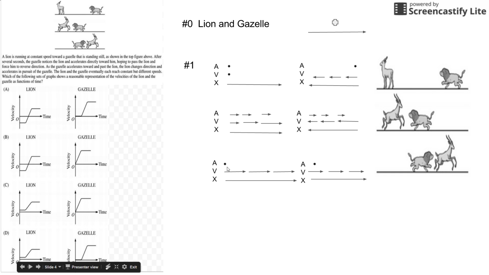And the final one says in the problem that they are both running at constant speeds, constant but not equal. So here we have one of the sets of lines for velocity a little bit longer than the other, symbolizing constant velocity but not the same for the lion and gazelle.